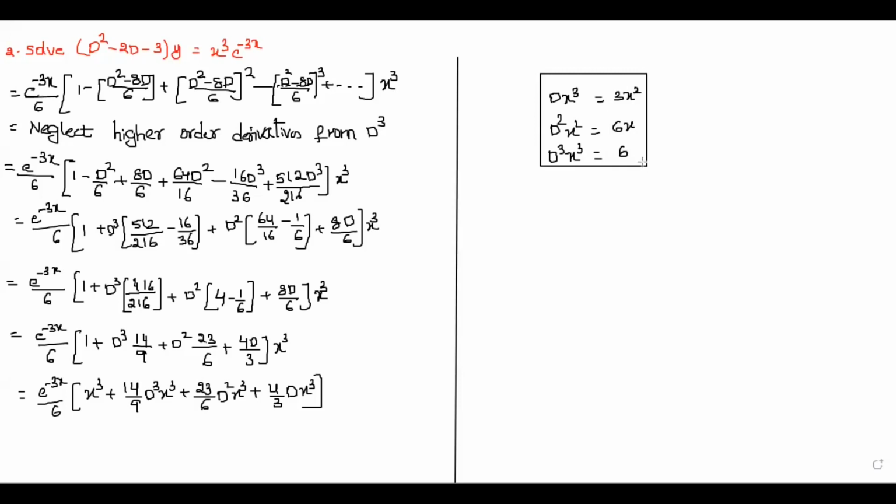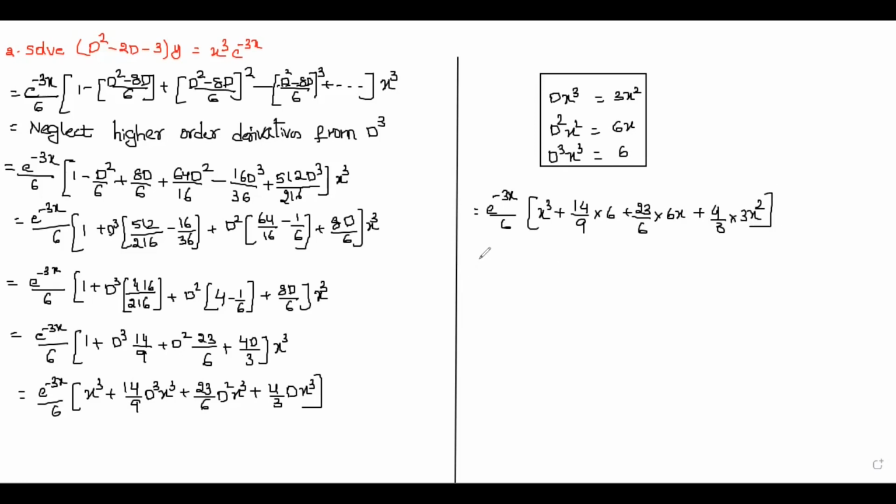So substituting these values here, this is equal to e power minus 3x by 6 into x cube plus 14 by 9 into 6 plus 23 by 6 into 6x plus 4 by 3 into 3x square.